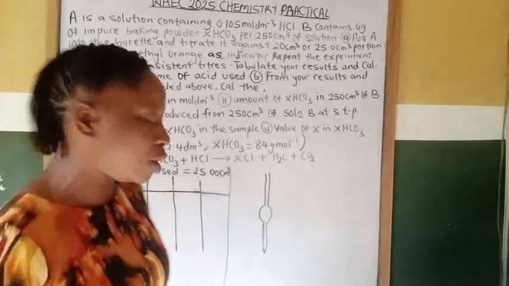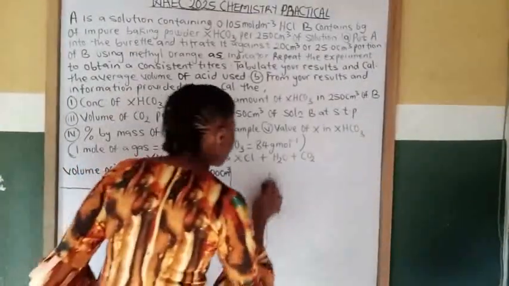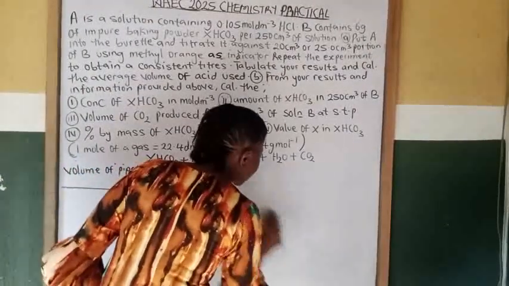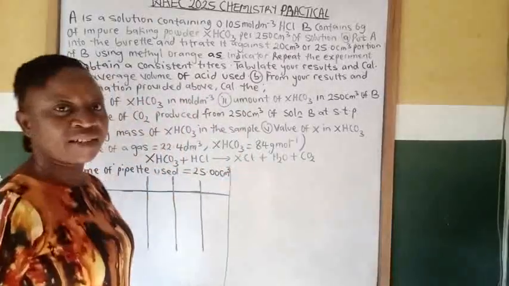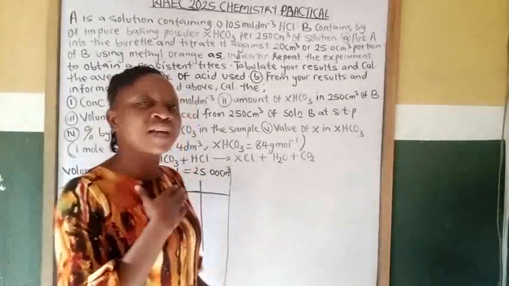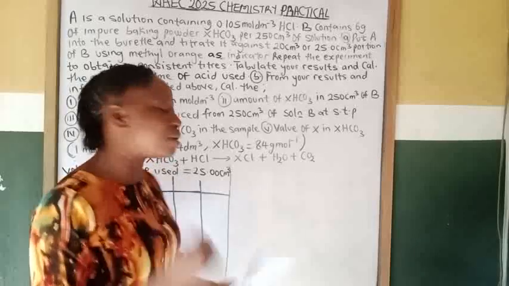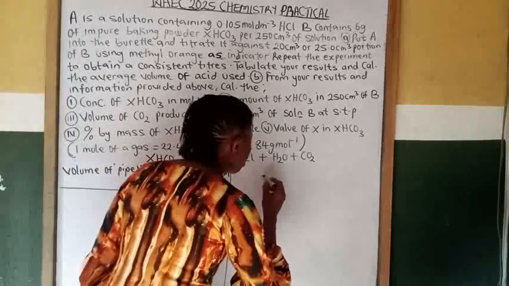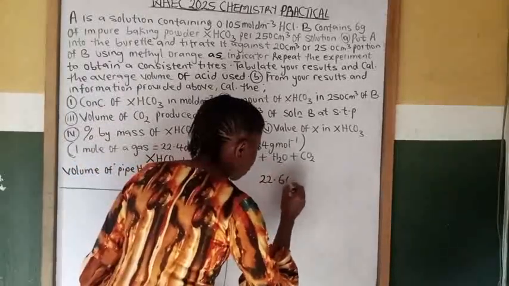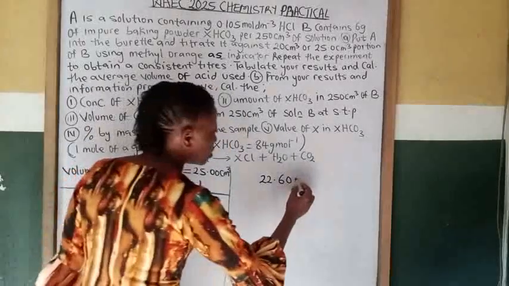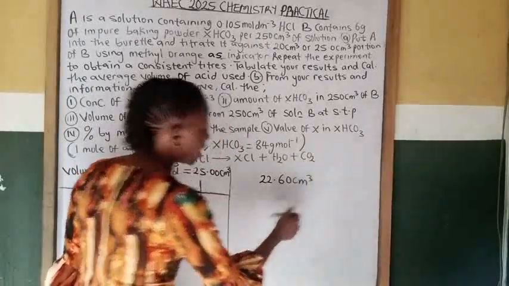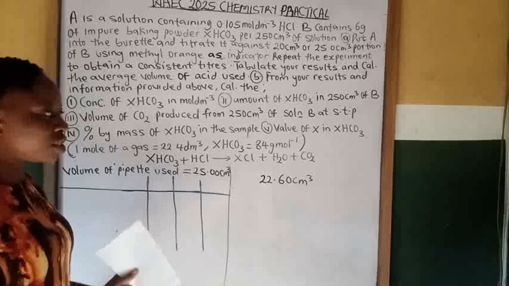Now, I want to manipulate my table based on my own teacher's titre value. Let's assume that my teacher's titre value is 22.60 centimeter cube. That is the volume of acid used.